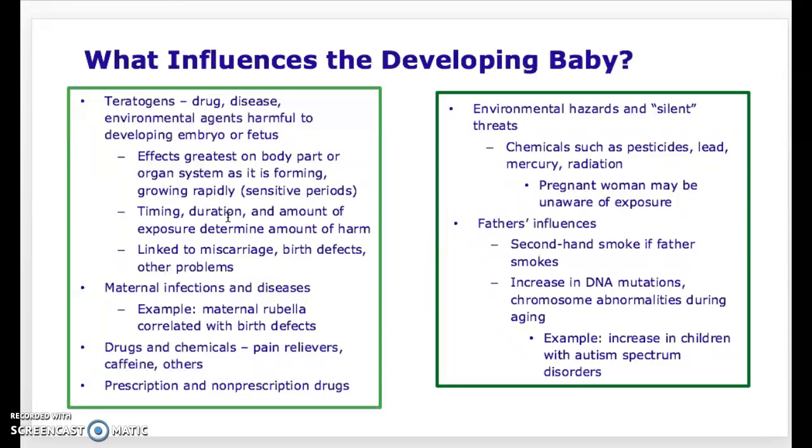The amount of exposure and the particular timing of it in the fetal development is what really determines the amount of harm. So if a mother has one glass of wine before she realizes that she's pregnant, probably there's not going to be any problem with the fetus because of that alcohol. But if she is an alcoholic and drinks throughout her pregnancy, then the likelihood of the child having fetal alcohol syndrome is obviously very high.